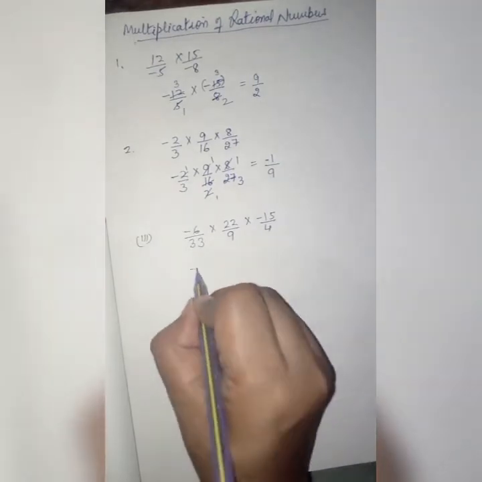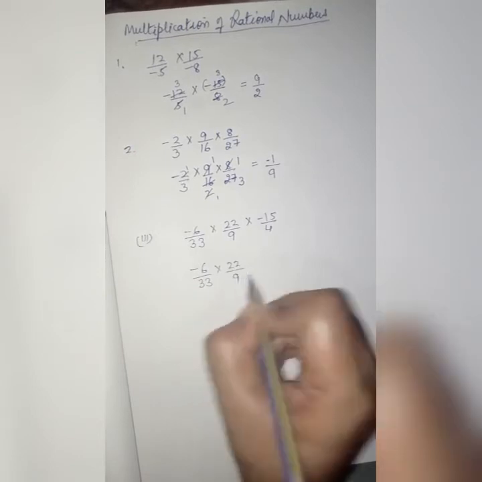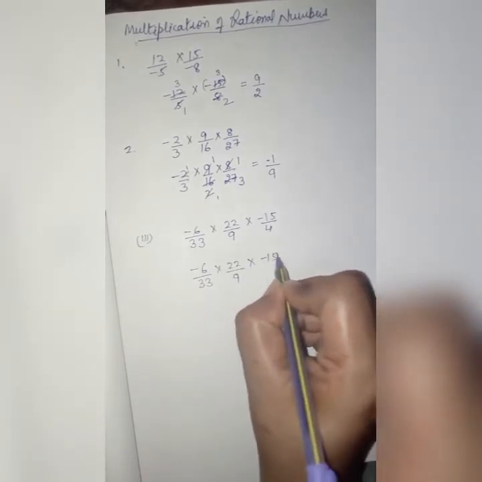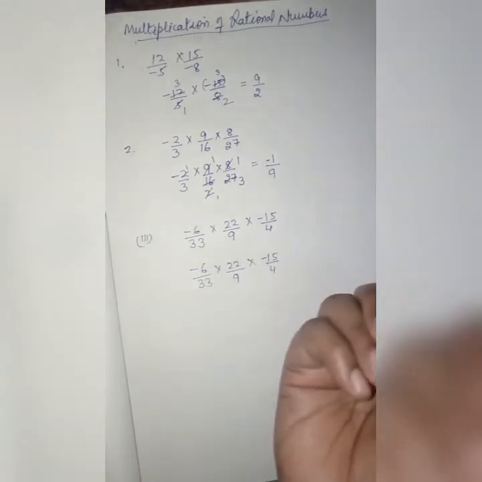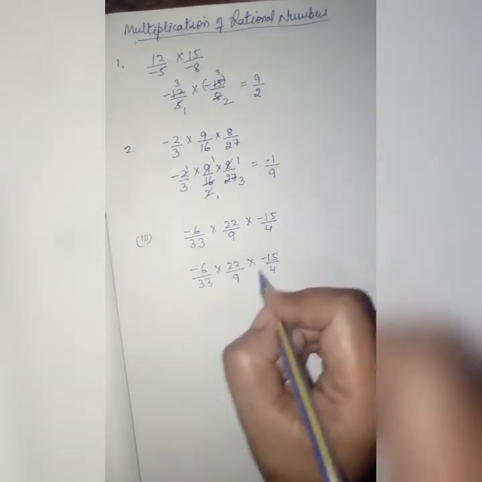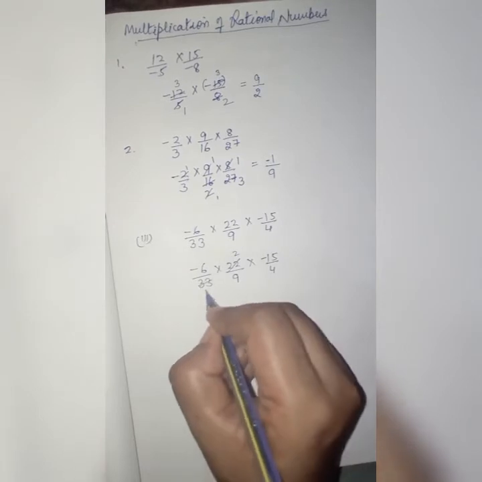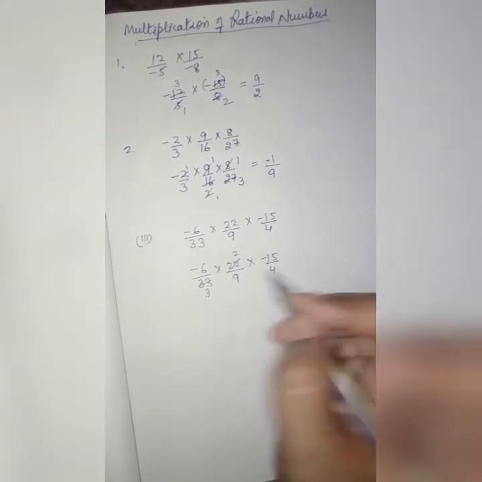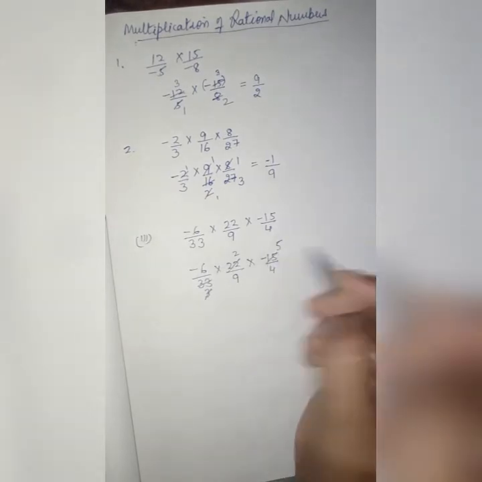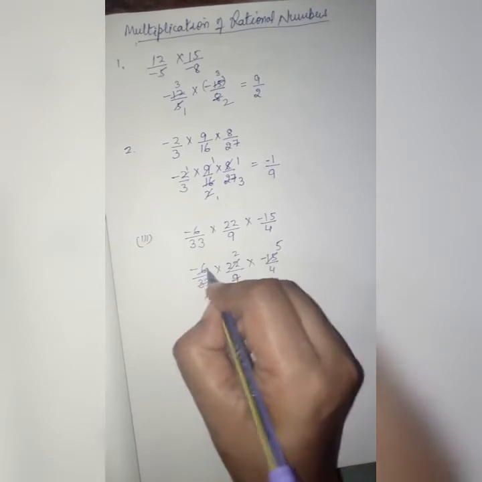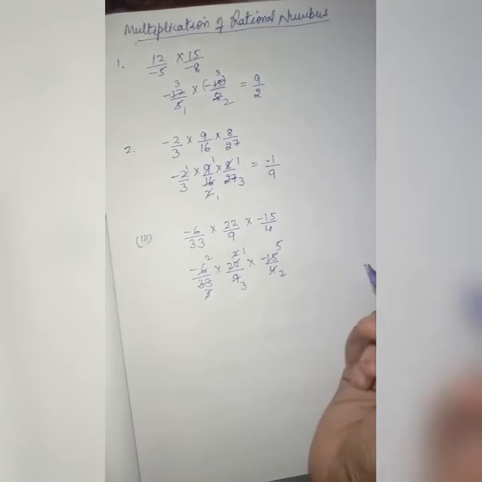Here also you are given all the numbers in standard form. So you will only simplify if it is possible. Otherwise you will multiply all numerators and all denominators. See here 11 2s are 22, 11 3s are 33. 3 1s are 3, 3 5s are 15. 3 3s are 9, 3 2s are 6. 2 1s are 2, 2 2s are 4.